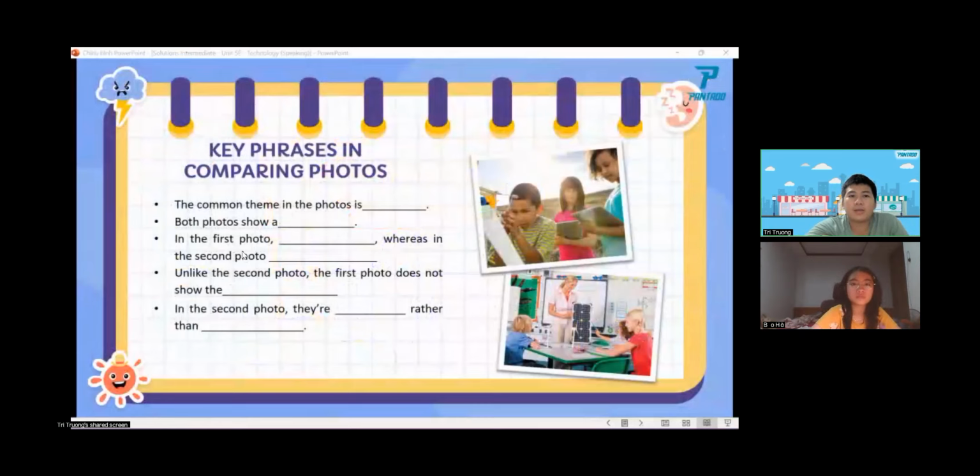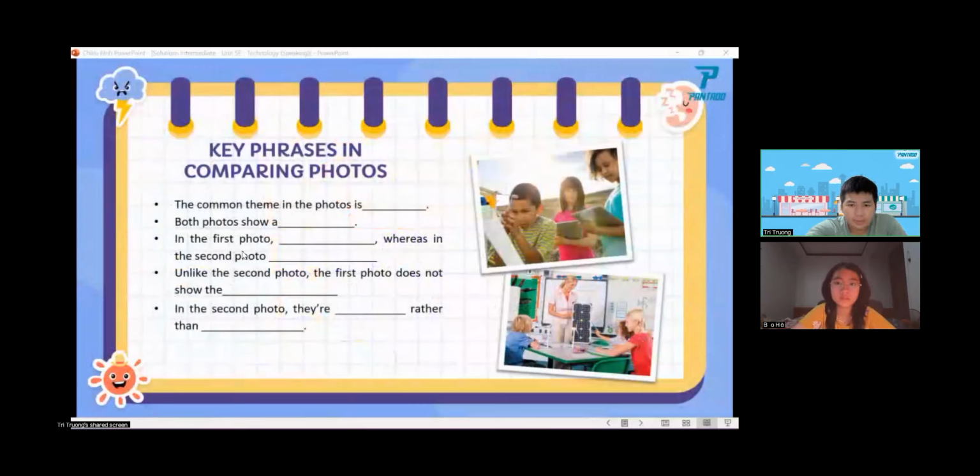The first photo, whereas in the second photo. Yes, this is a good phrase to show contrast. The first photo is outside, whereas the second photo is in the classroom, right? Unlike the second photo, the first photo does not show the teacher, right? Yes. Okay, maybe I think students in the first photo may be a little older than the students in the second photo.